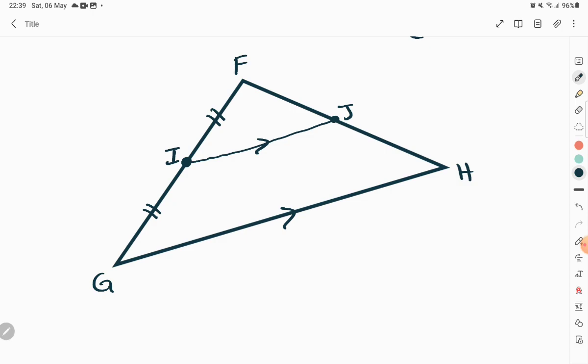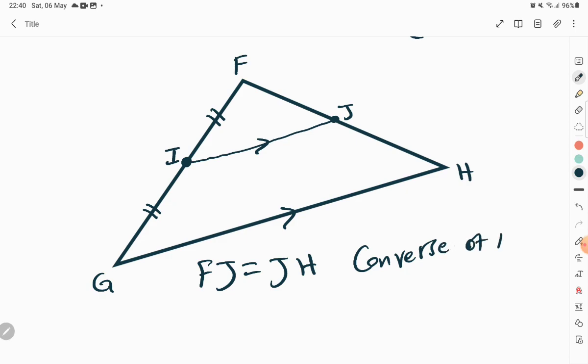And if it is not shown, then that is not the midpoint theorem. It is actually the converse of the midpoint theorem. So should you say FJ is equal to JH, the reason for this statement is converse of midpoint theorem.